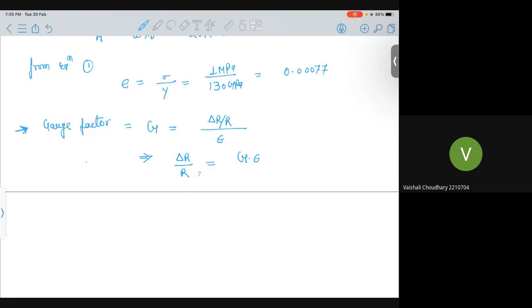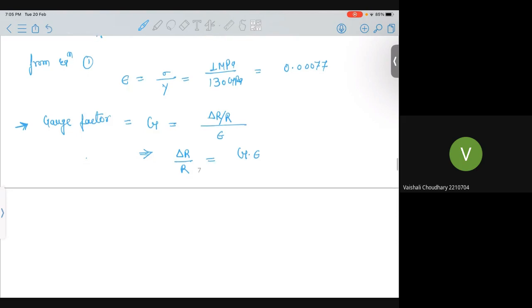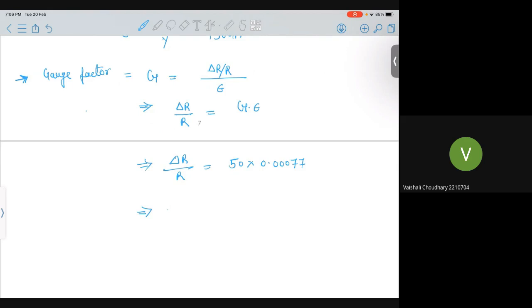If you put the value of G, which is 50, and the strain is 0.00077, the change in resistance is 50 times 0.00077, which is 0.0385.